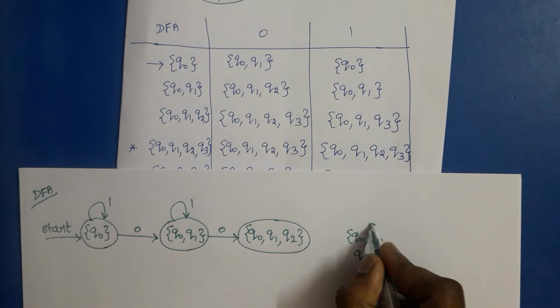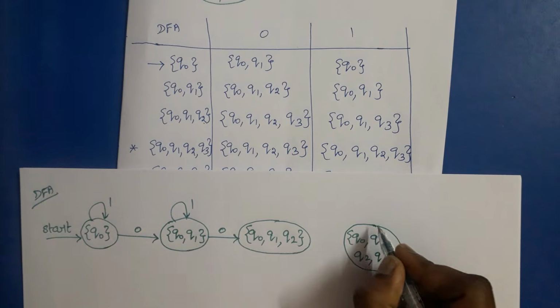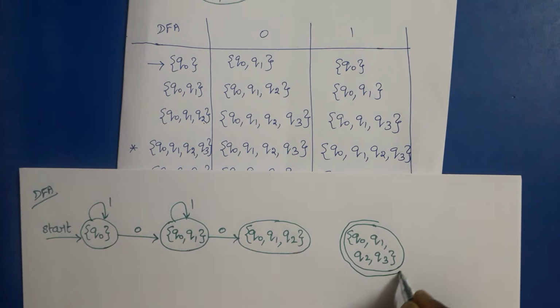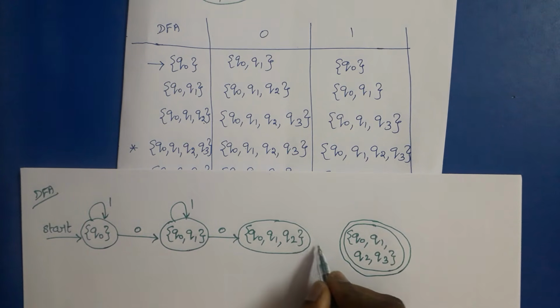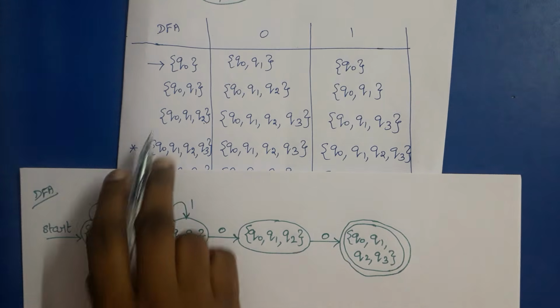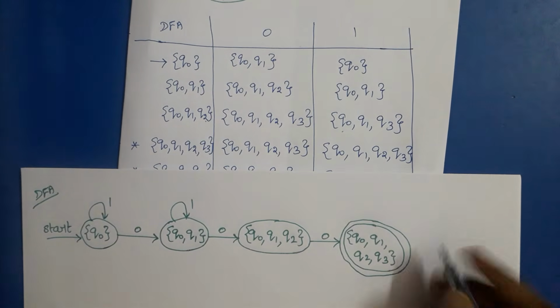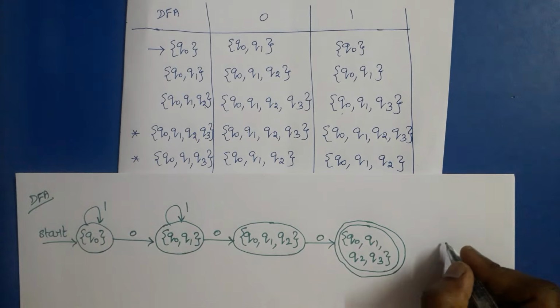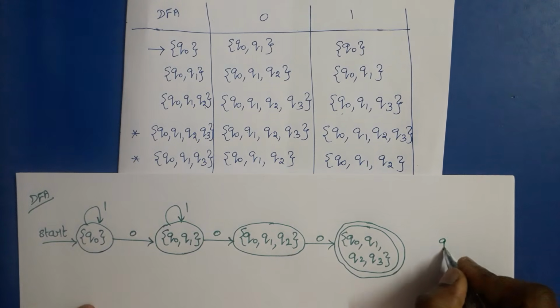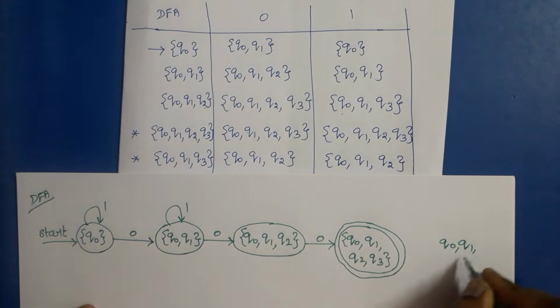And this is a final state. Then from Q0, Q1, Q2, 1 goes to Q0, Q1, Q3. This is also a final state.